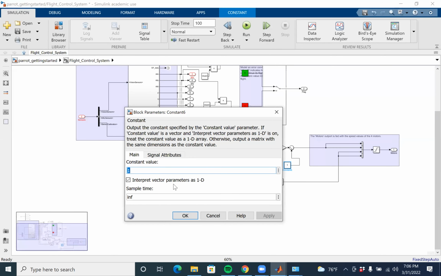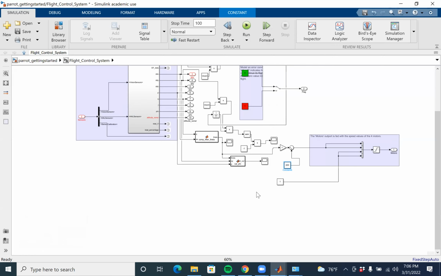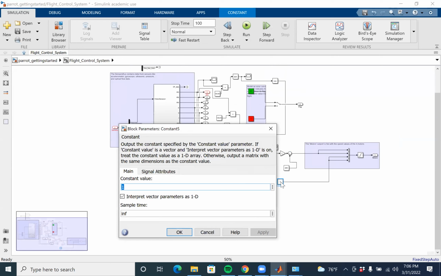I'm going to say the baseline PWM maybe is 200. This baseline PWM is 200.